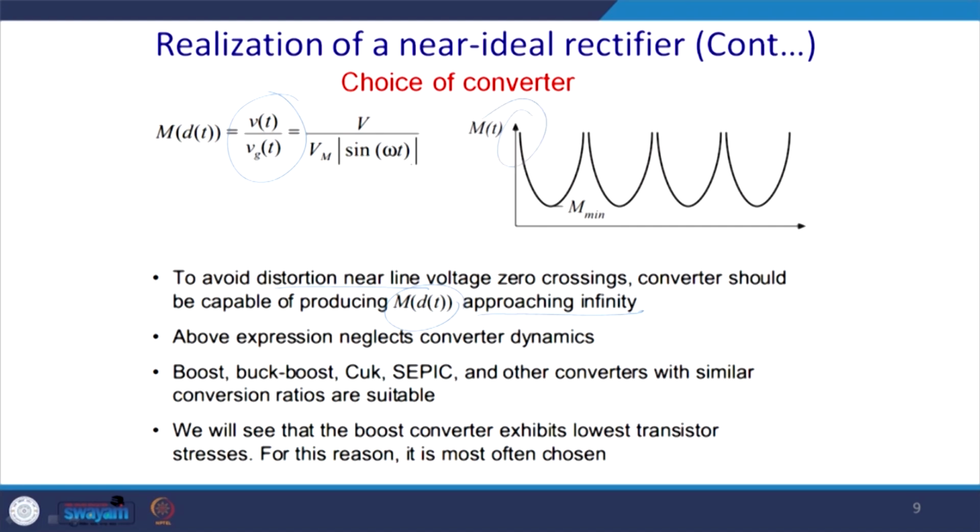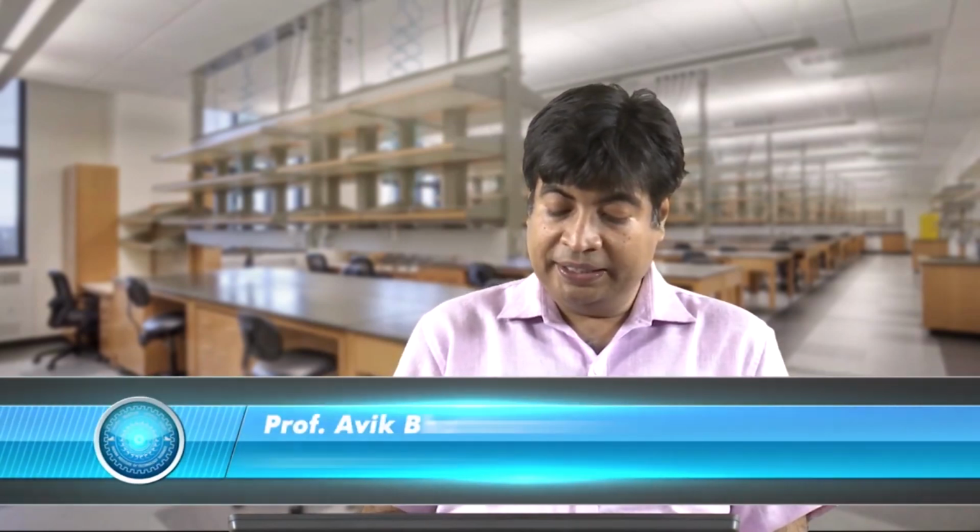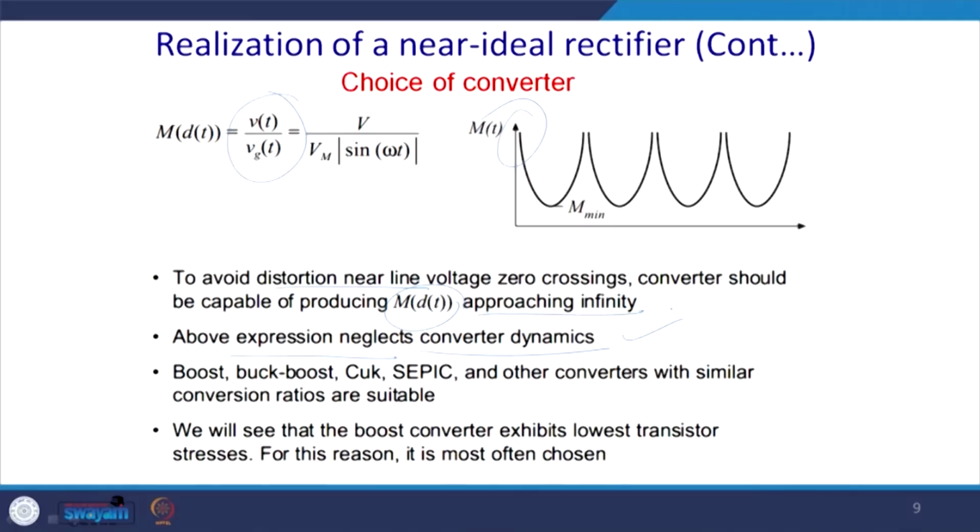For this reason we will restrict, these are the logical restrictions we need to put while designing. This above expression neglects converter dynamics, because there will be switching losses, there are filters, there will be conduction losses, those are not featured in these calculations.